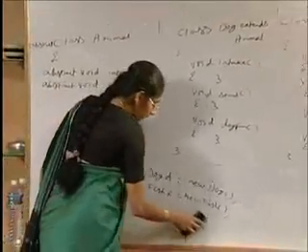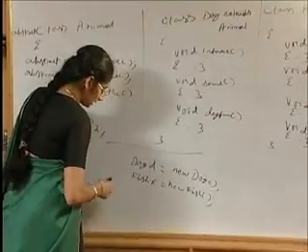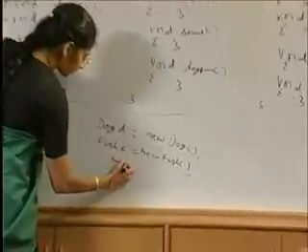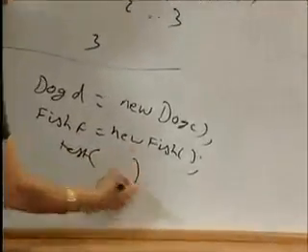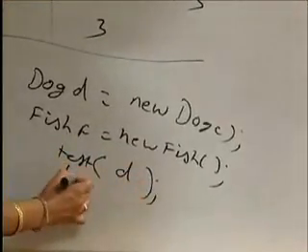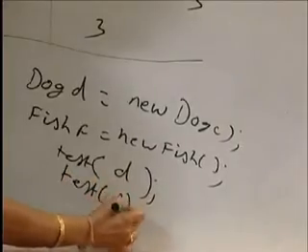you can write a method, let's call it test, in some class, which takes the parameters d and f.